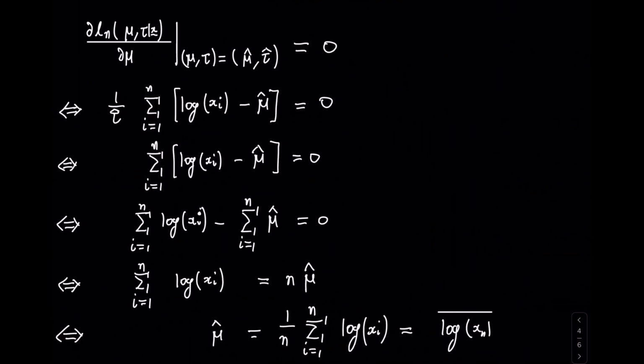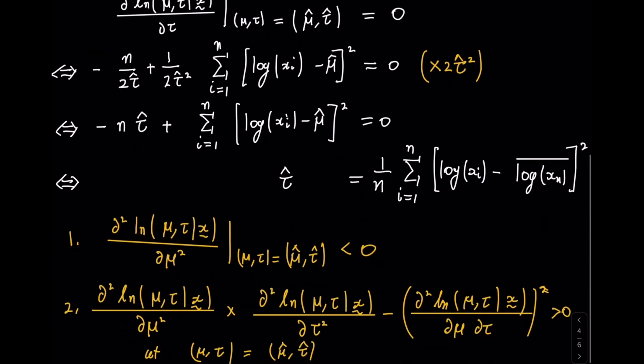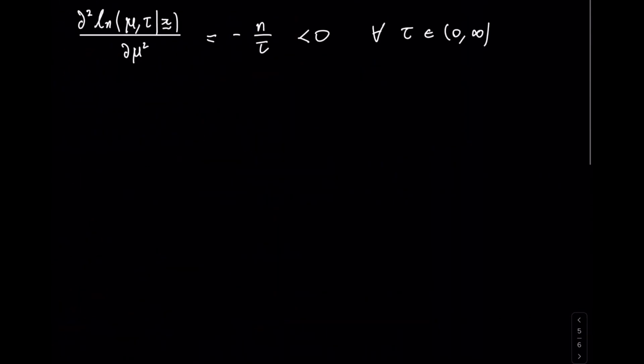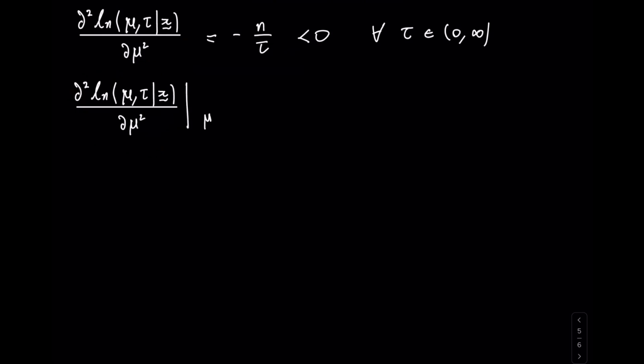The second derivative, well, quite simply, the first component, copy that, paste that, evaluated at mu tau is equal to mu hat tau hat, is by definition equal to, well, we wrote it actually up before here. It's given by negative n on tau hat.